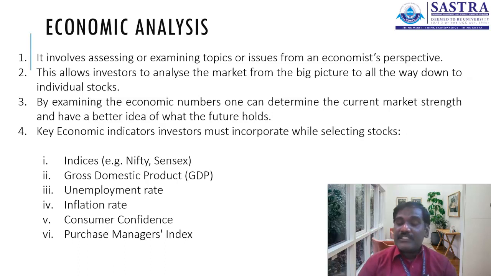Different measures and metrics are used for calculating inflation. It is calculated on the basis of the wholesale price index and the consumer price index. It means the producer price is calculated on the wholesale price index, whereas the retail price is calculated on the consumer price index.